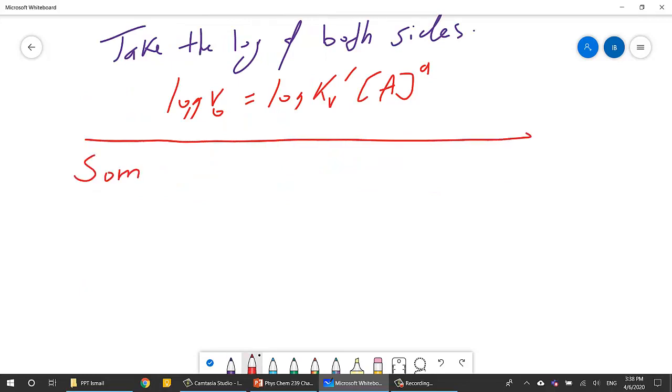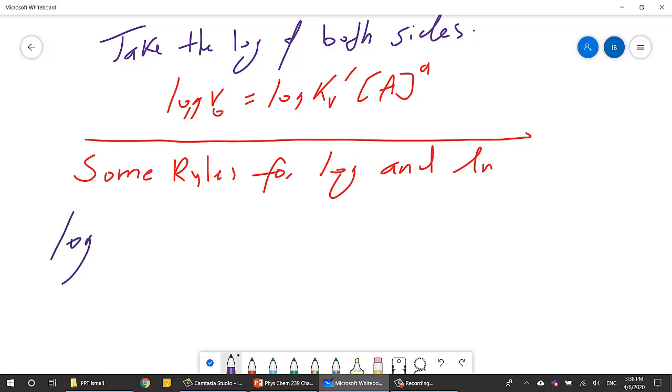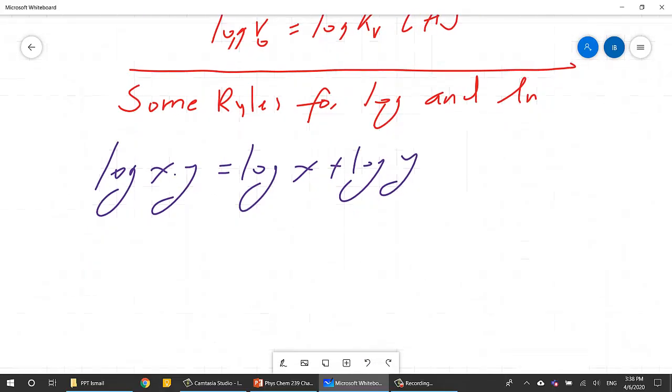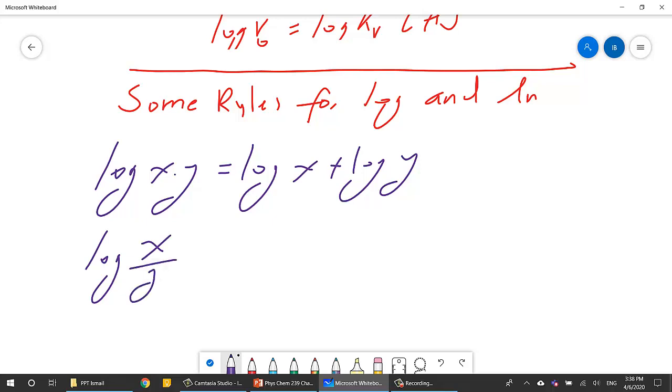So, just some rules for log, and they also apply for ln as well. First of all, we have log xy, which can be written as log x plus log y. We have another one, log x over y, which equals log x minus log y.